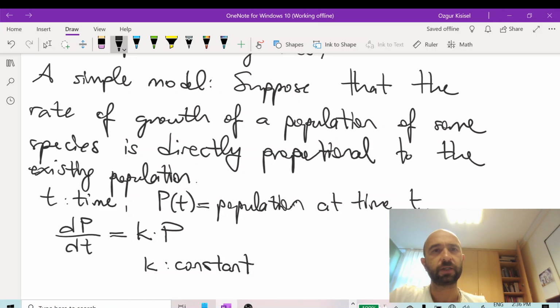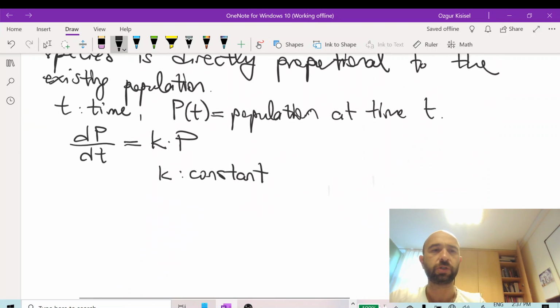If you want to find a constant, you might have to do some observations about this population. You have to have some snapshots of the population at some time. So let's try to solve this equation first.